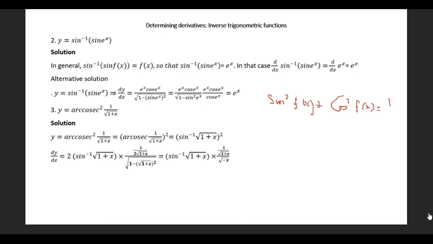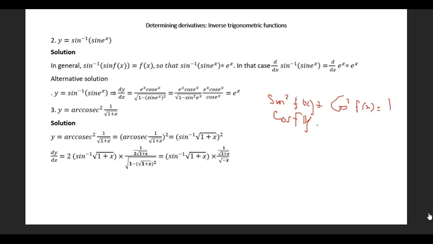You know this identity, isn't it? So in this particular case, if you want to make cos the subject of the formula, we are going to say cos of f at x is going to be equal to the square root of 1 minus sine squared f at x. That's what I've used here.